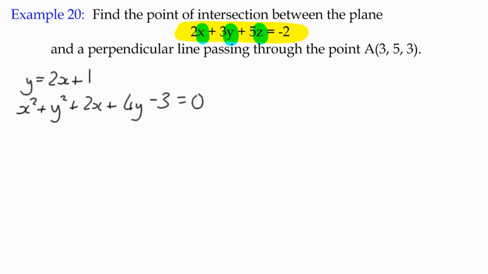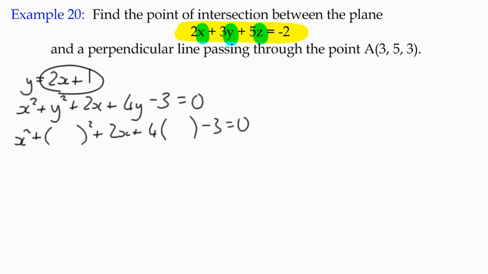And what we do is substitute this expression 2x plus 1 into our expression for y, and what that did was we had then reduced that to an equation in one variable.